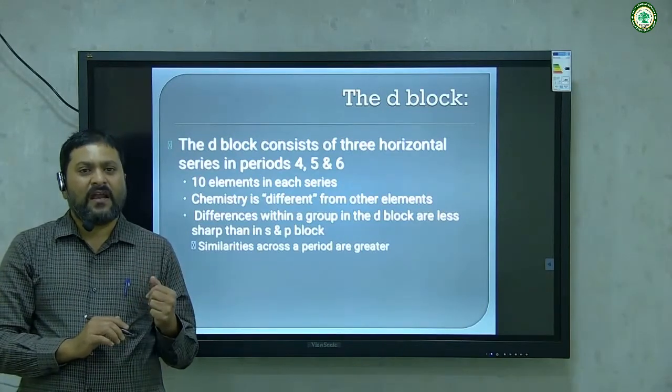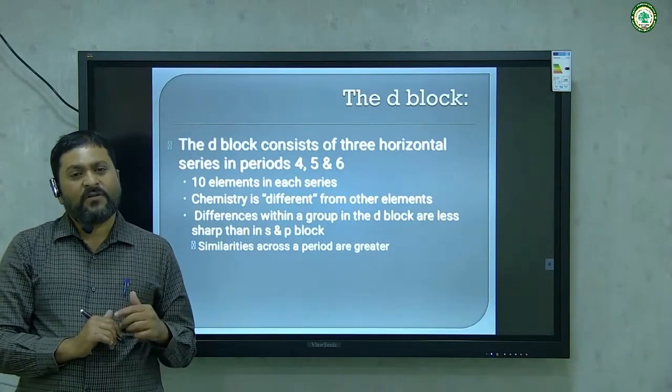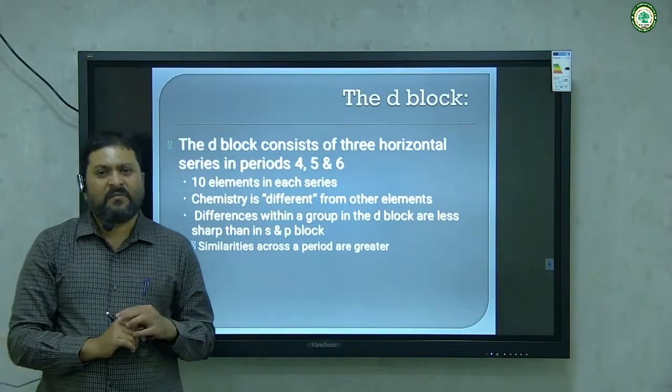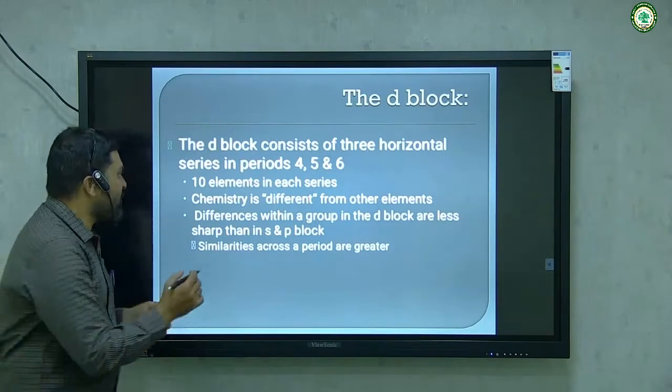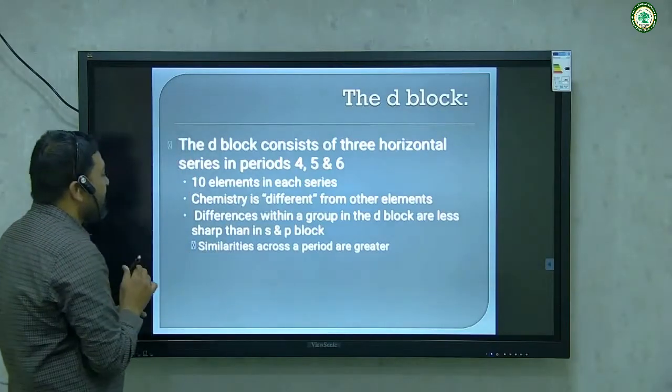Just before, I told that there are three series. The first series starts from period 4, and because of that reason we have to take the value of n, that is the principal quantum number, as 4. And in each series there are 10 elements. Here we have seen there are 10 elements in each series.